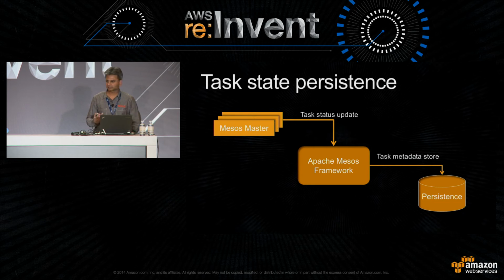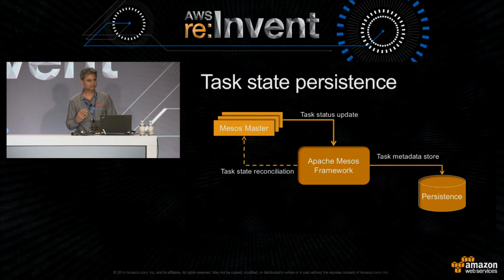Task state persistence is important when you're developing a framework, and Mesos provides a way to reconcile tasks, because your framework may have one idea of what tasks are running, and then the Mesos master has a similar picture of what's running. And if your framework were to restart, you can use the reconcile feature to make sure that you haven't lost any task state updates while you were down.